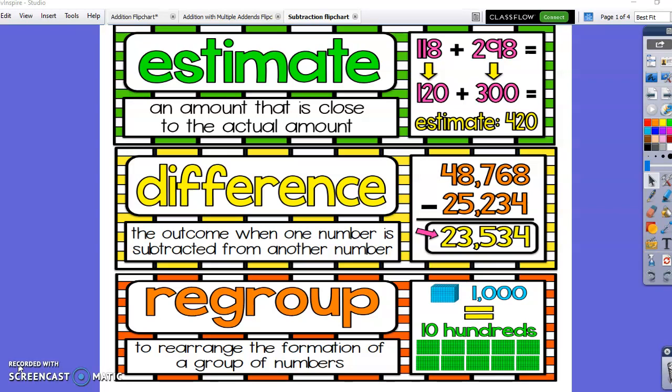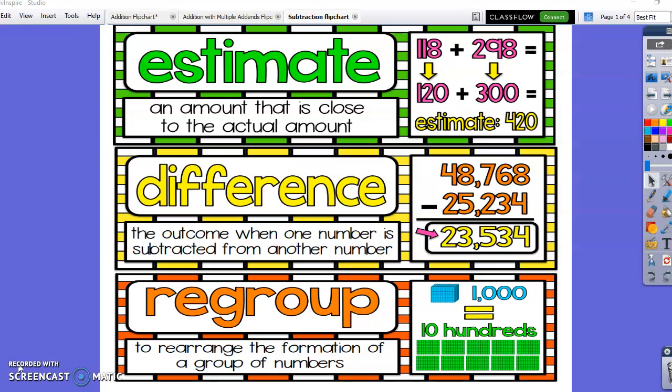Now the difference, which is your second vocabulary word, is the outcome when one number is subtracted or taken away from another number. So it's a smaller number that you end with. You take your total, you find the difference between the two, and your answer to a subtraction problem is called the difference.